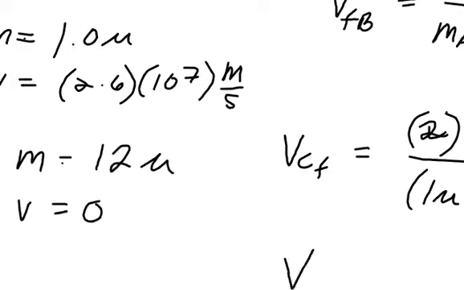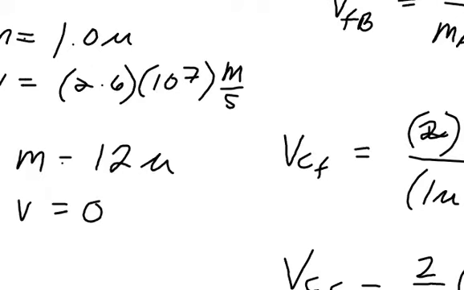We'll get the velocity of carbon final equals 2 over 13 times 2.6 times 10 to the 7th meters per second. And I get velocity of carbon final is 0.4 times 10 to the 7th meters per second.